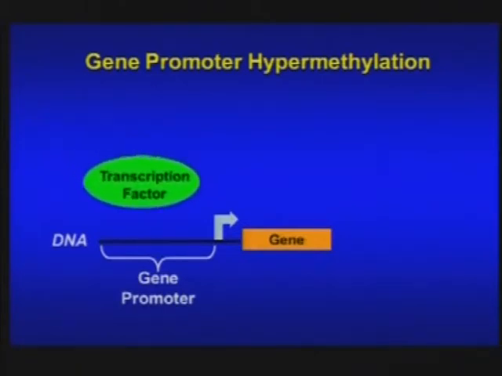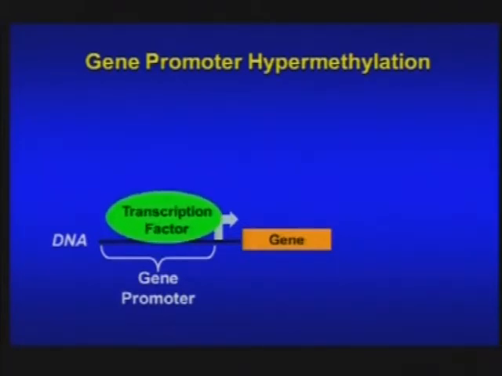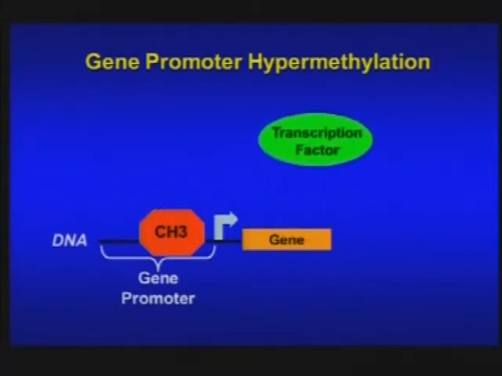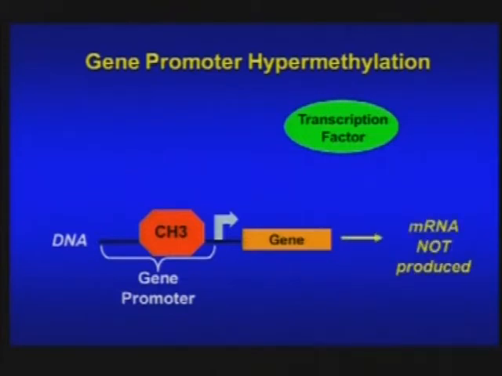Upon binding by a transcription factor to the gene promoter, and in this morning's lecture, when I talked about NF-kappa B and AP1, those were transcription factor binding sites in the DNA, it stimulates the production of mRNA and the gene is produced. If you have gene promoter hypermethylation, there are methyl groups sitting in the promoter of the gene, such that the transcription factor is blocked from binding, and then no mRNA is produced, and the gene is now inactivated.